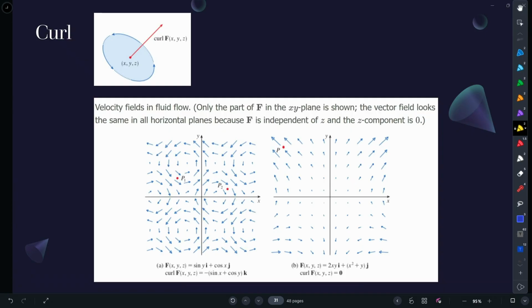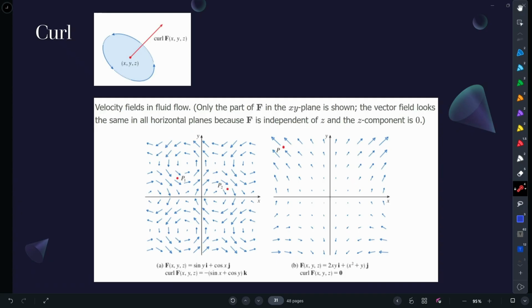So the curl at a given point is measuring whether there is rotational flow around that point. If there is a rotational flow exactly in this plane, then the curl would point in the direction that is perpendicular to that rotational flow.